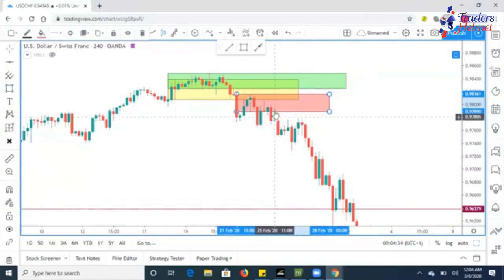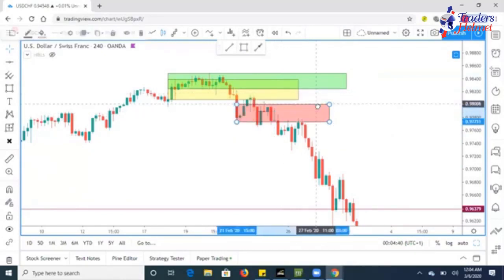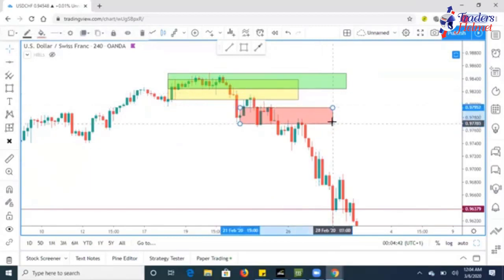We have this other bullish candle just about here. So let me just move this. We have this bullish candle here that looks like a bearish pin bar. That was the last bullish candle responsible for this low. And price traded back into it and dropped. And that's how we continue.